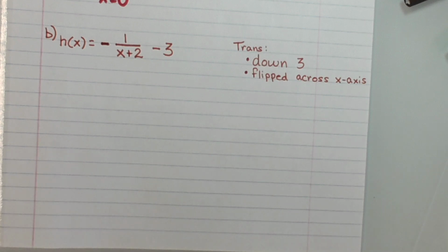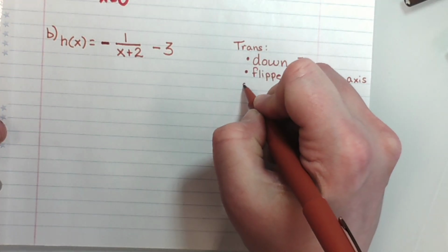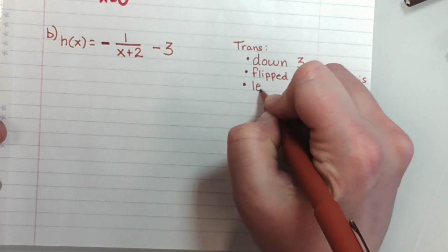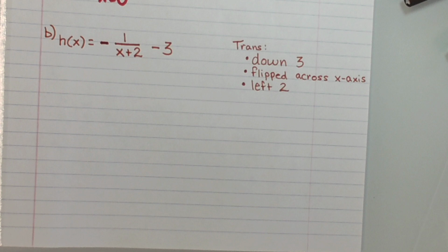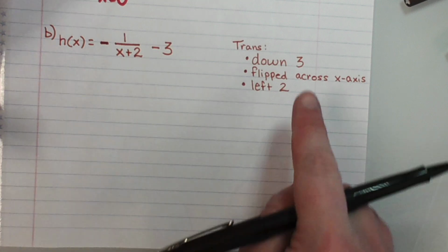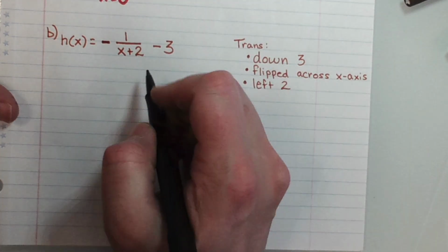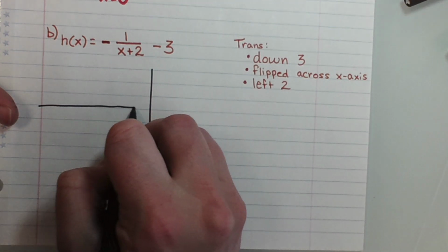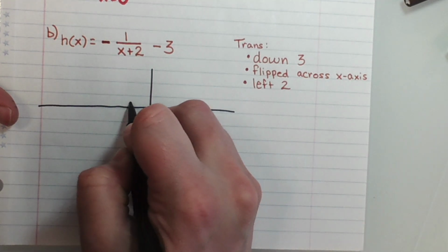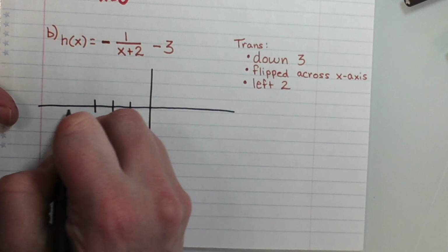Kenzie, what's the last transformation it underwent? Left 2. Move to the left 2. Okay, so when I make my graph, I'm going to give me a little more room downwards, a little more room to the left. I'm going to count by ones because the numbers are plenty small.